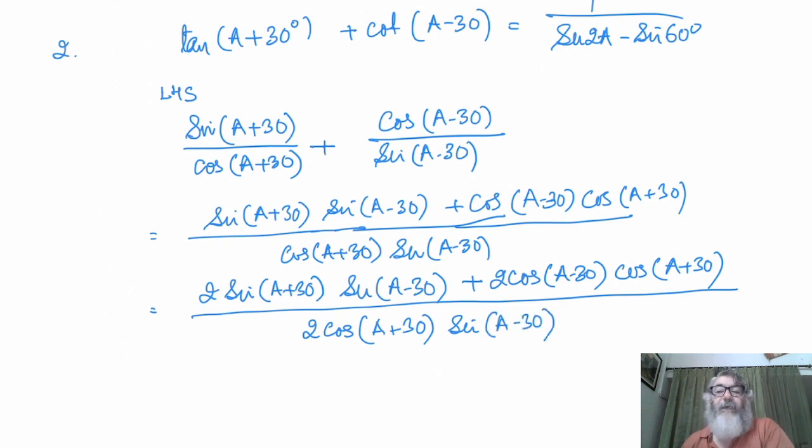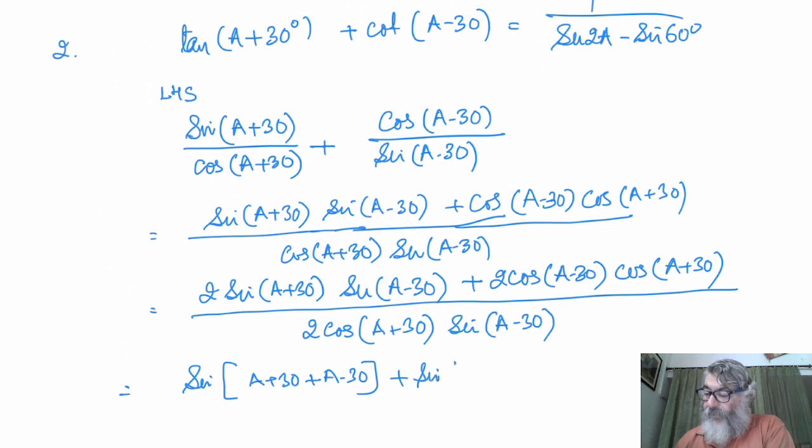Now 2 sine A sine B, if you remember, was cos(A-B) minus cos(A+B). So sine(A+30) plus (A-30) one factor, and plus sine(A-B), which is (A+30) minus (A-30), because minus will make it plus.